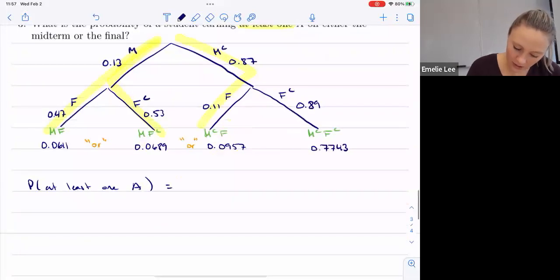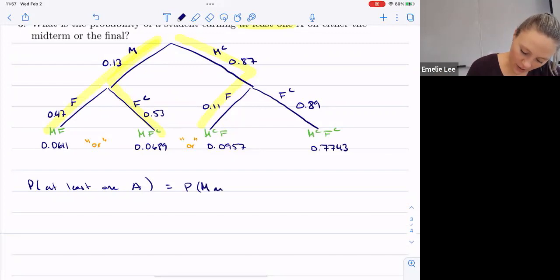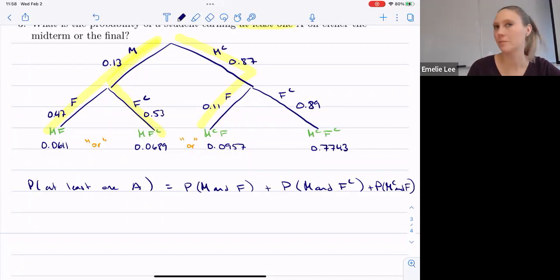I'll write it out properly: the probability of M and F plus the probability of M and not F plus the probability of not M and F. So it's totally fine if we are doing it like this.